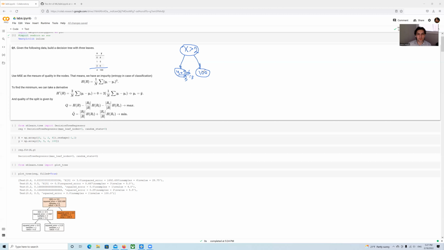We don't need to split this node, but we can split the other node because we have here 3 elements. Let's try to split this node. We have two options: set threshold x greater than 0 or x greater than 1.